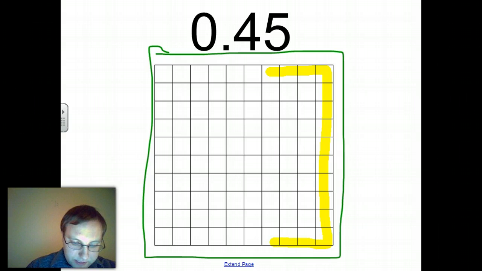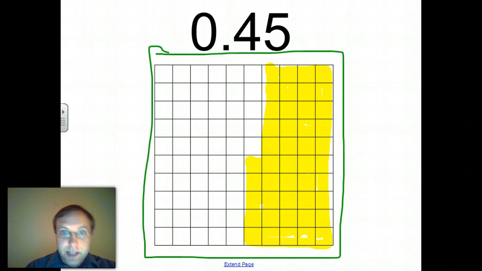These 4 sets of 10 and this set of 5. Keeping all of these together, this that's colored here and outlined in yellow is 45 hundredths. If we count them, we can go back and double check. Otherwise, we can see that there are 45 out of the 100 squares colored in.